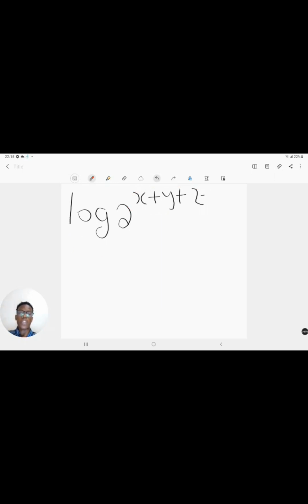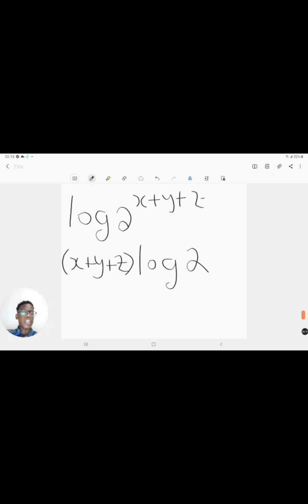So what I will end up with here is x plus y plus z, okay, that's my exponent there, then all of that multiplied by log of 2. Easy. Nothing complicated about that at all.